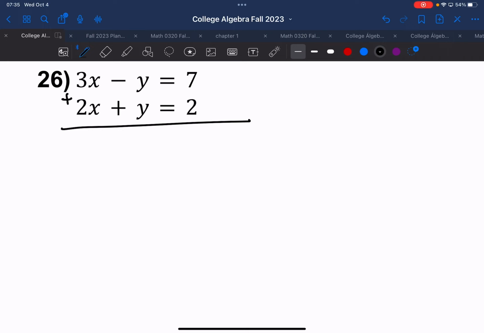Okay, so for just finding the x value, you should have canceled out the y's, and you'd have 5x equals 9, which means we have x is equal to 9/5.